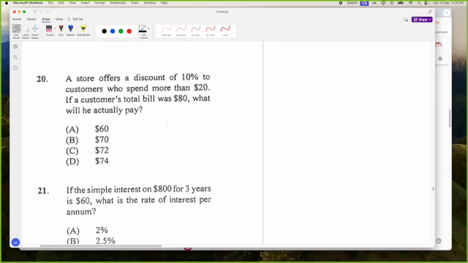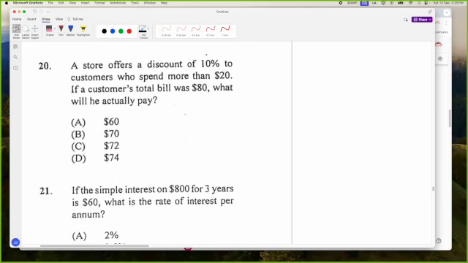All right, let me slow down. A store offers a discount of 10%, all right, to the customers who spend more than $20, all right? If a customer's bill was $80, so $80 was the total bill, what did he actually pay? So that means he gained a 10% discount. The question is, what will he actually pay?